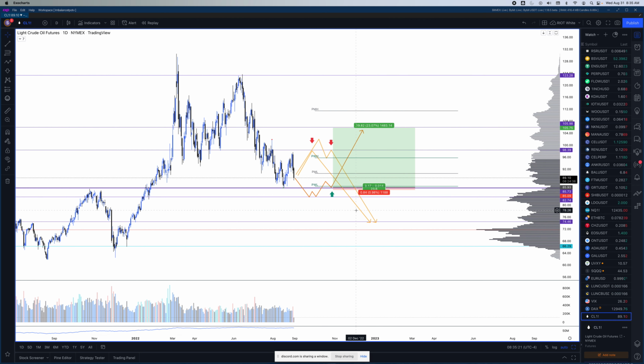If I take this on a lower leverage, if you did this on 10x, you're looking at a 10% stop loss. I'd probably give it a little bit more wiggle room.